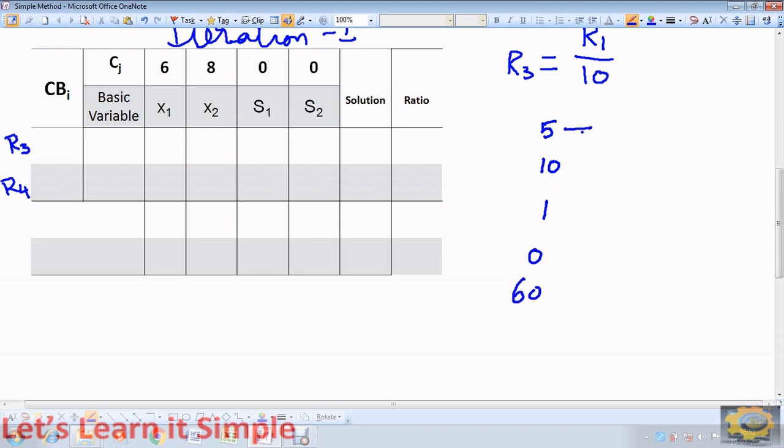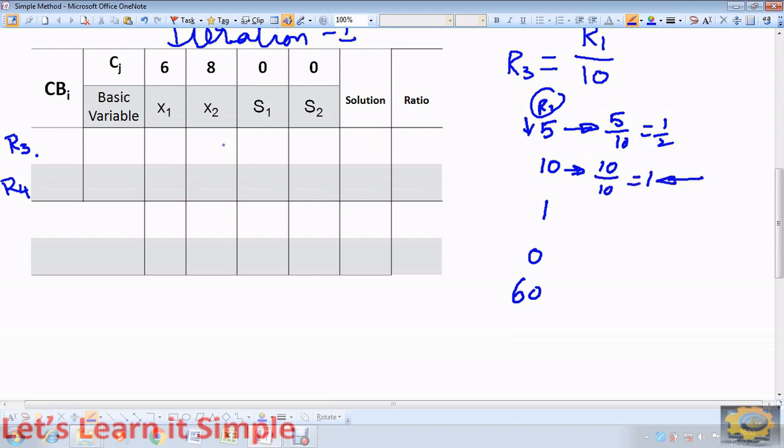So I need to bring R3 here such that R3 is R1 by 10. The original R1 is here. Now I am dividing each by 10. So 5 by 10 amounts to 1 by 2. Now here I am dividing 10 by 10, which is equal to 1. So this is what we want.